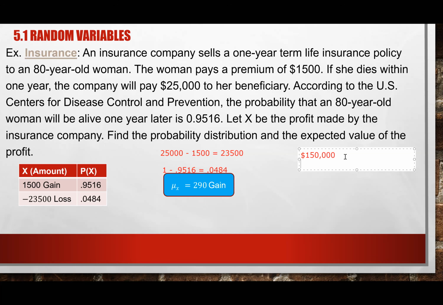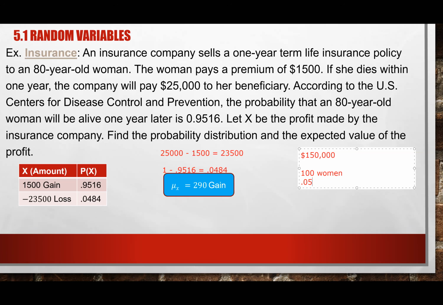Take a look at this item here. They say that if we have 100 women, the probability of dying is roughly 5%. Let's just make it 0.05, meaning if we have 100 women, 5 of them will die.